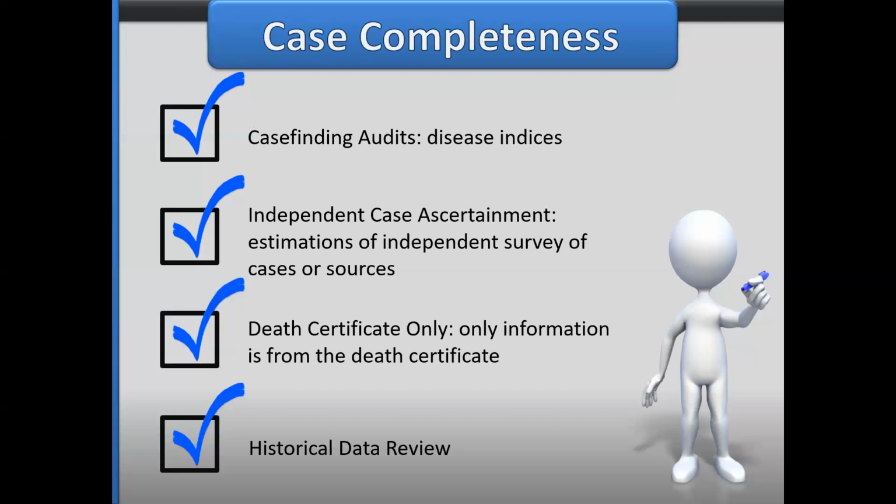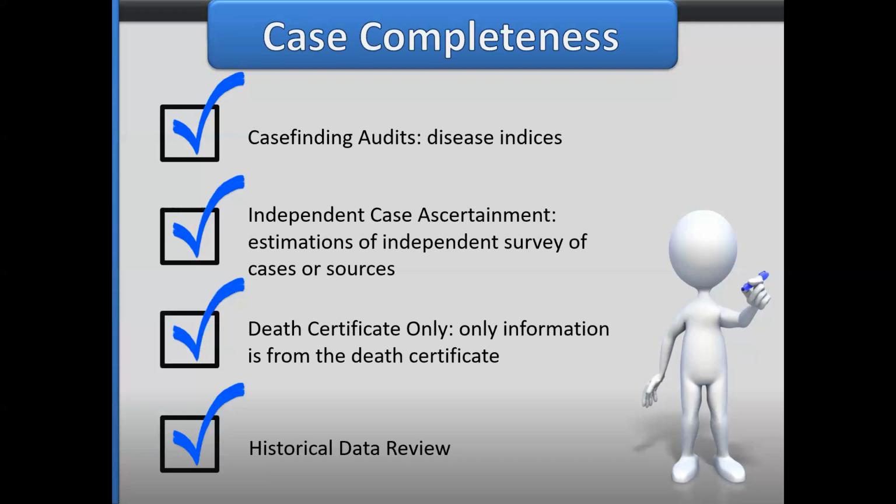The most common method of case finding audits for hospital and central registries is the disease index, which we have discussed in the past. These are the monthly lists of all the patients that have an encounter at your facility with a cancer diagnosis.